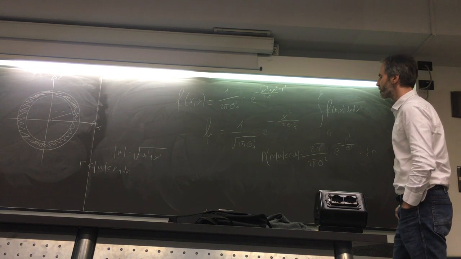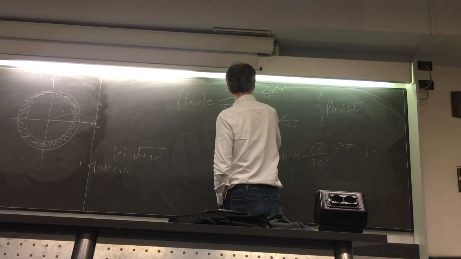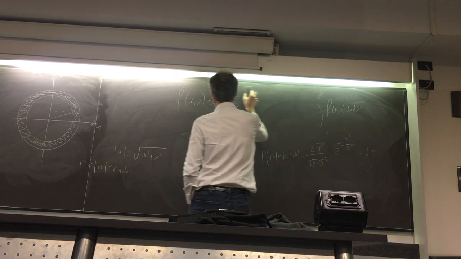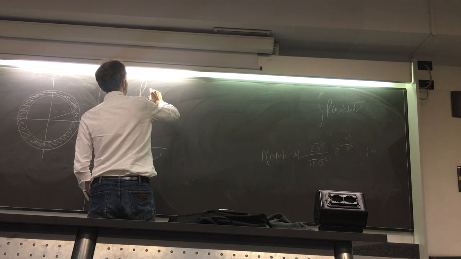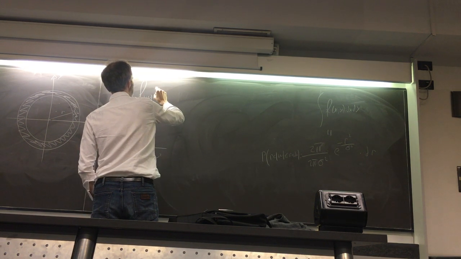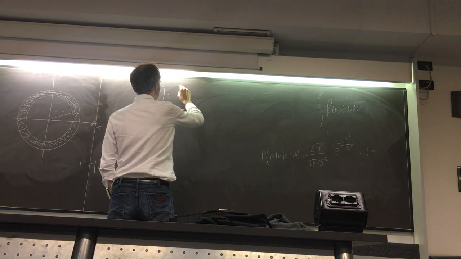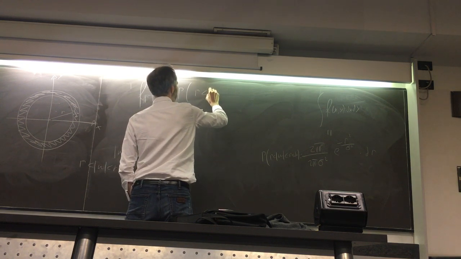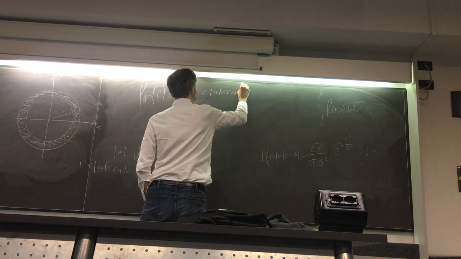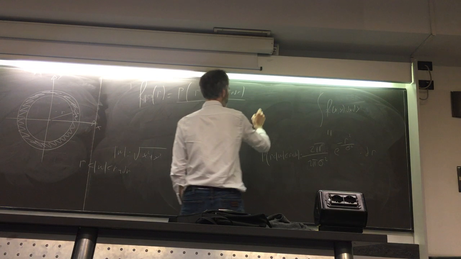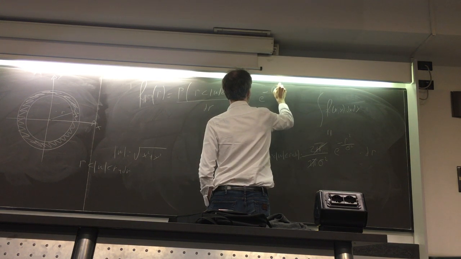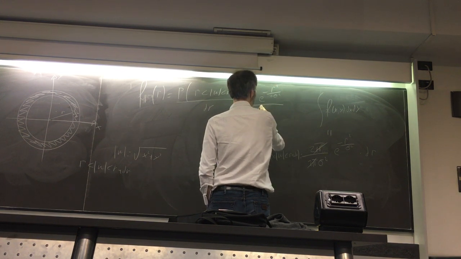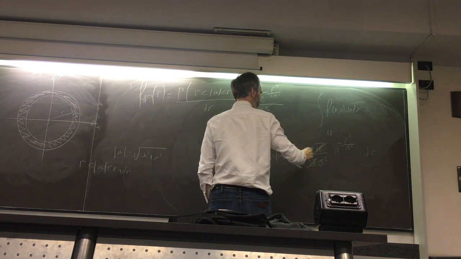If you want the probability density function, then you have to divide this by dr, and so, times r, sorry.